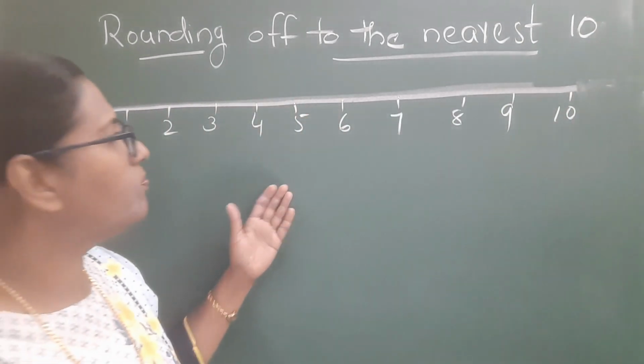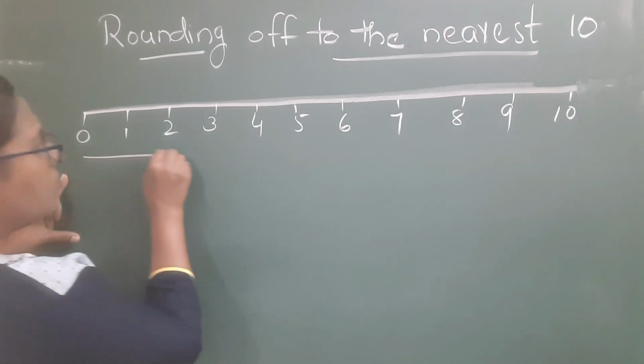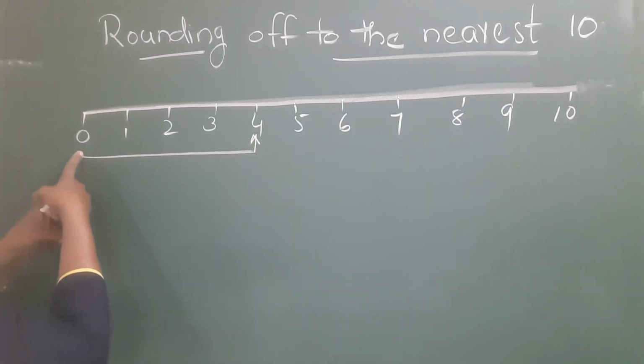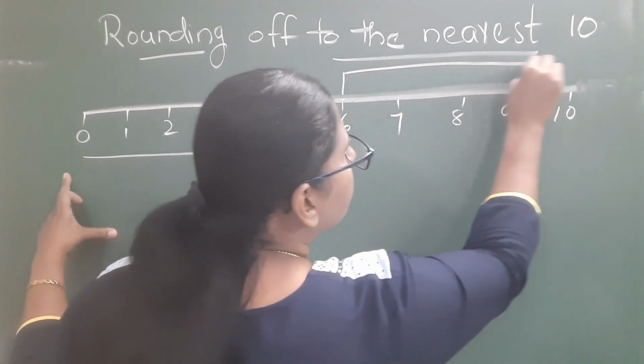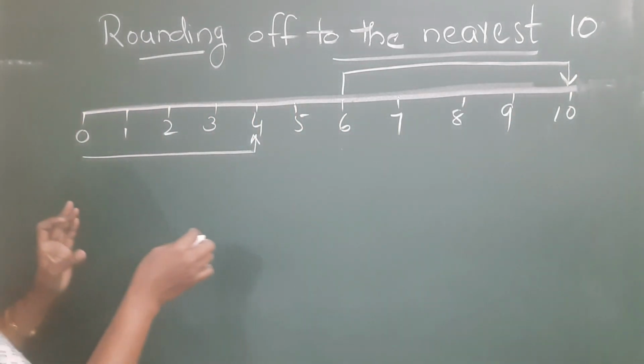This is the scale. 0 to 4 round off to 0. 6 to 10 round off to 10.